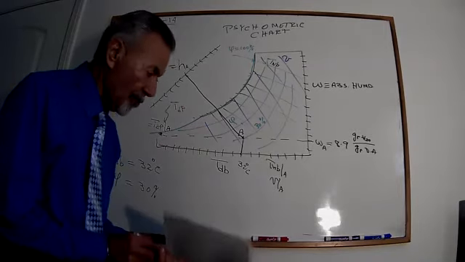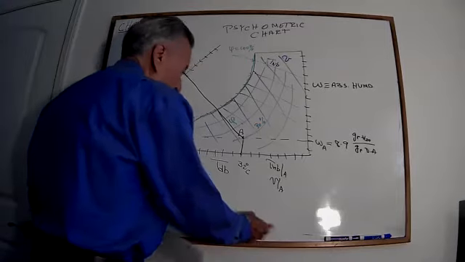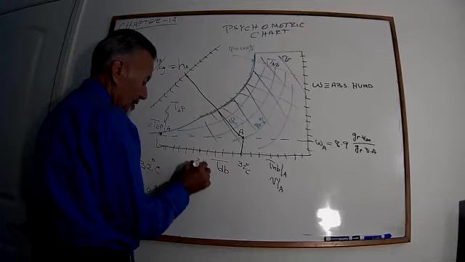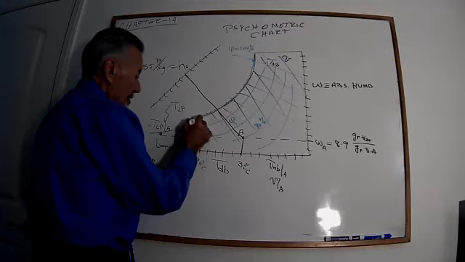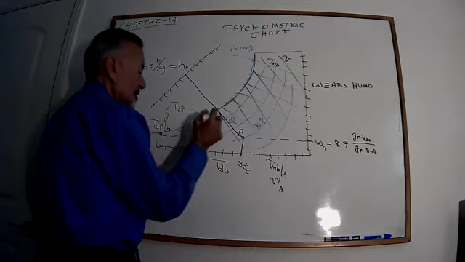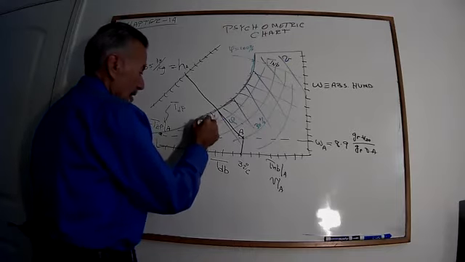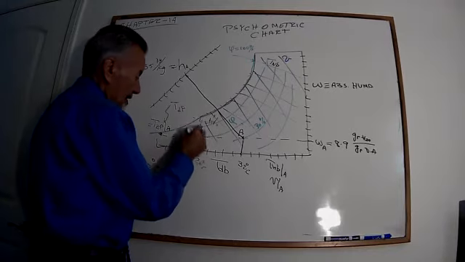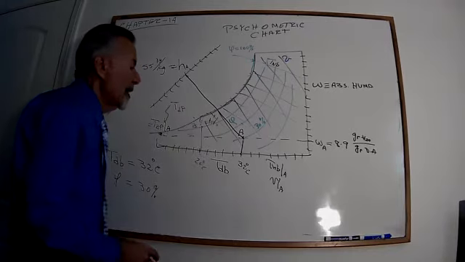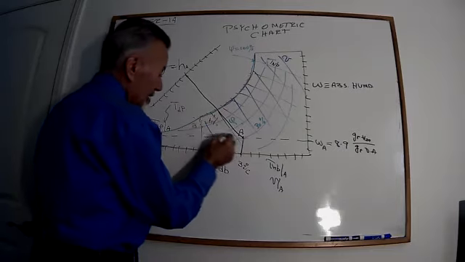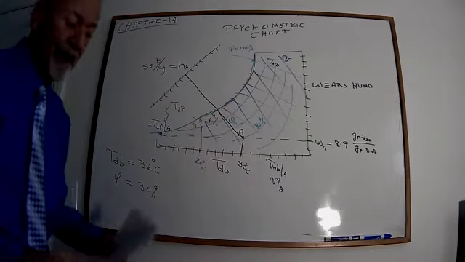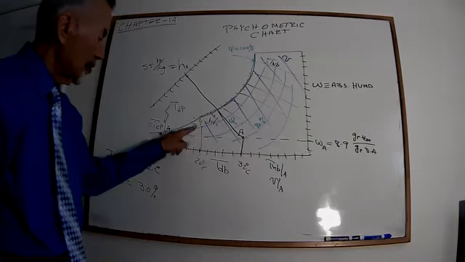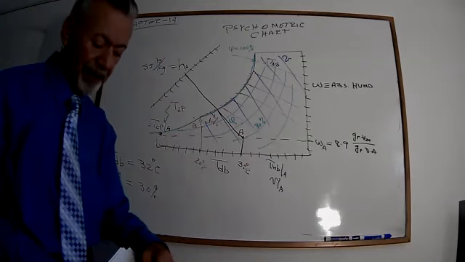So if I want to design the air conditioning for the summertime, I want to come here at 20 degrees Celsius and make it 60% relative humidity. So this is basically my point B. So this line will determine my design path, that I'm going from point A, an existing condition, to point B, my desired condition.